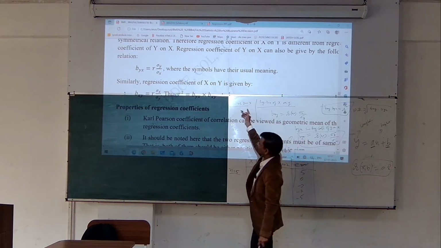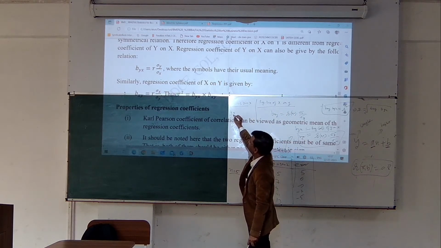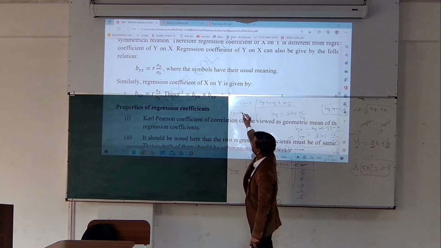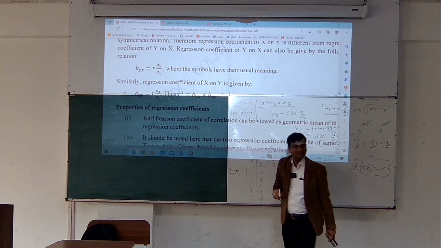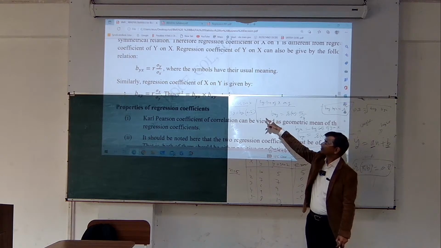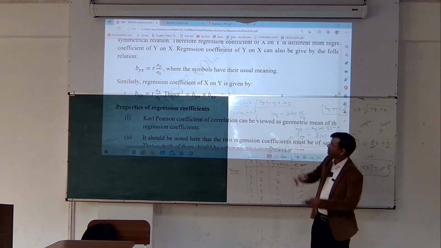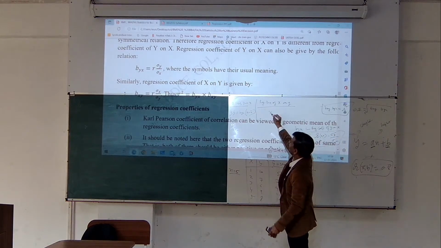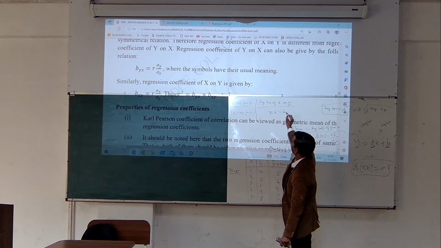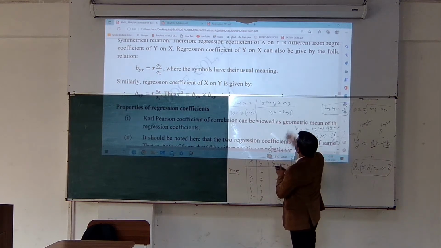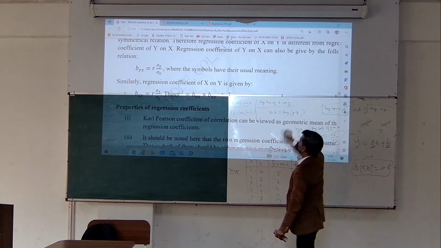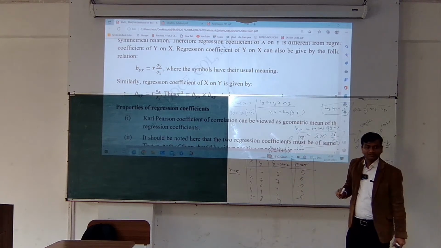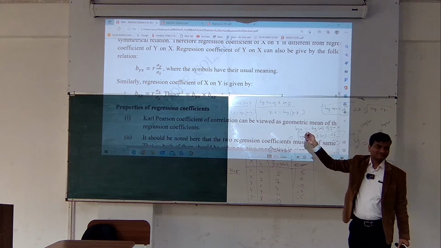The regression line of y on x would be of the form y minus y bar equal to byx into x minus x bar. And the second, x on y, would be x minus x bar equal to bxy into y minus y bar. So these are the two regression lines.